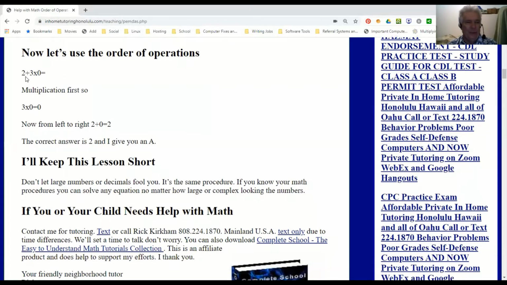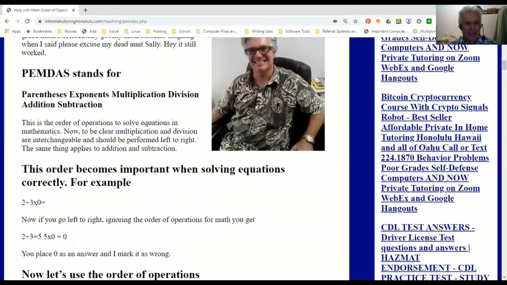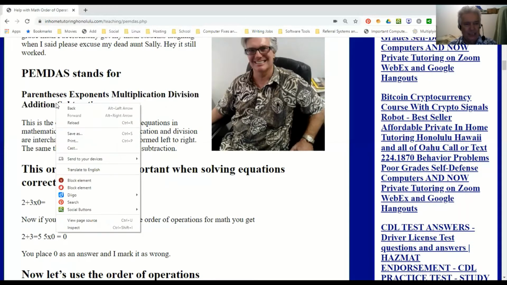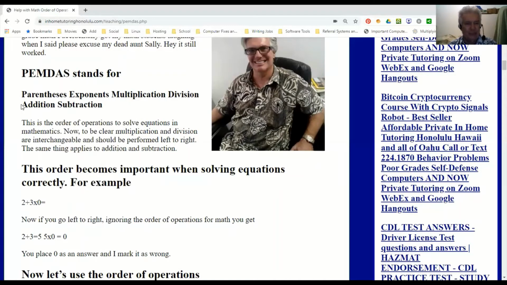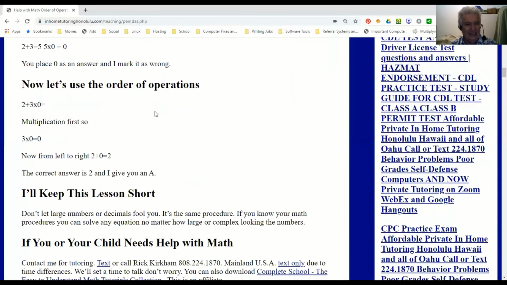So once again, we got 2 plus 3 times 0. And according to PEMDAS, multiplication comes before addition. So we do the multiplication first. Excuse me, got a mouse acting up. And I repair computers. Cobbler's son theory, right?